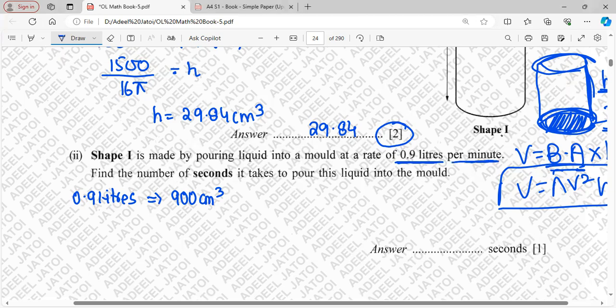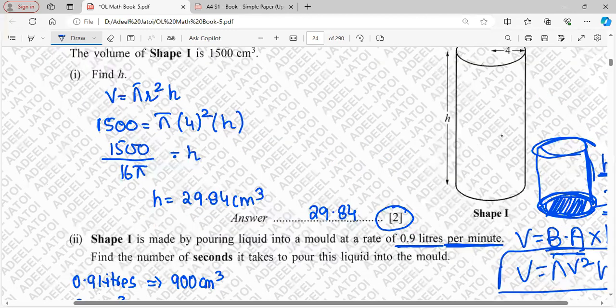Obviously it is being poured in 1 minute. So can we say 900 centimeter cube takes 60 seconds? Now you already know that you have 1500 centimeter cube that is required.